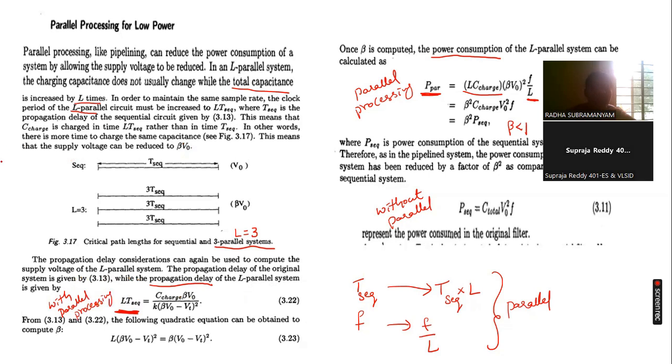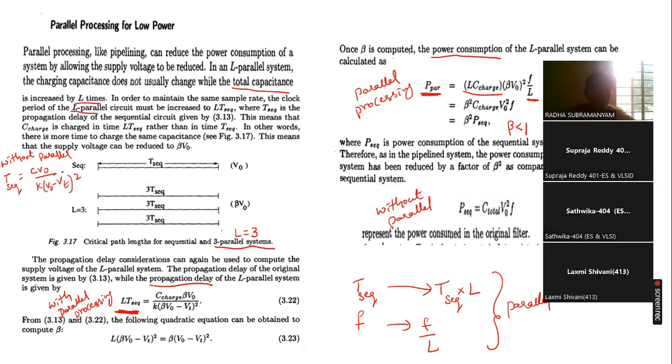In the case of without, this first diagram is without parallel processing. In that case, the propagation delay is T sequence equal to C into V naught divided by K into V naught minus VT whole square. Let this be equation number 1.